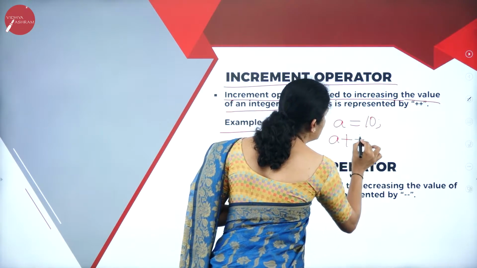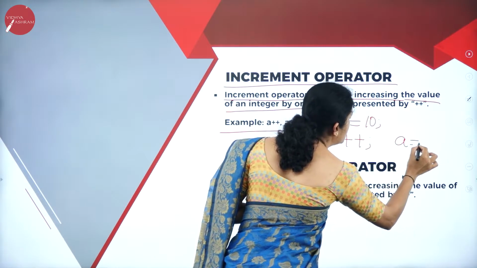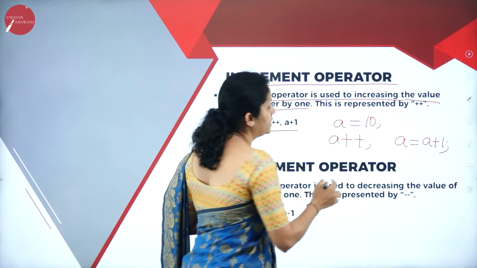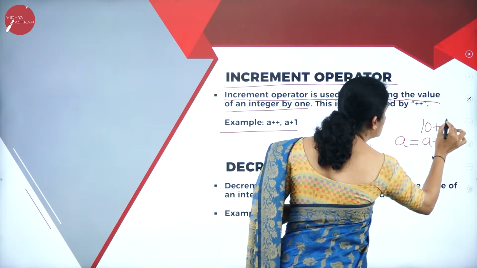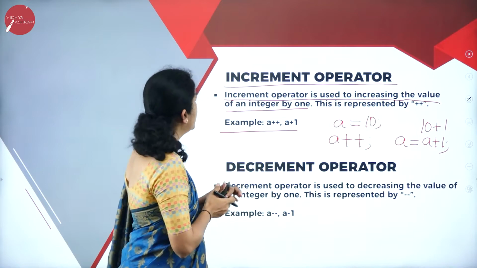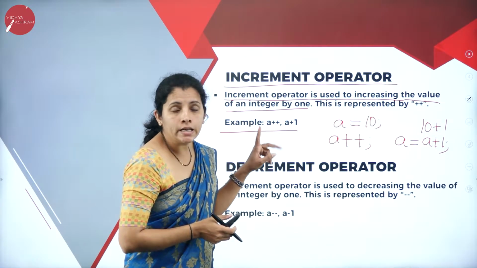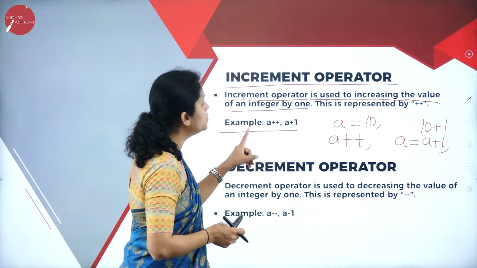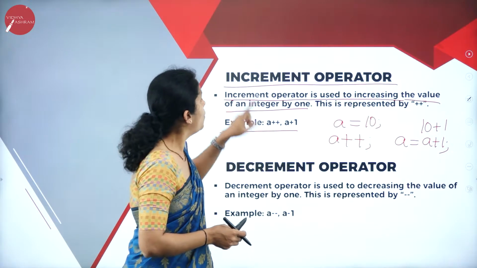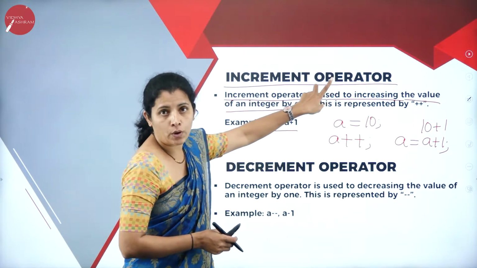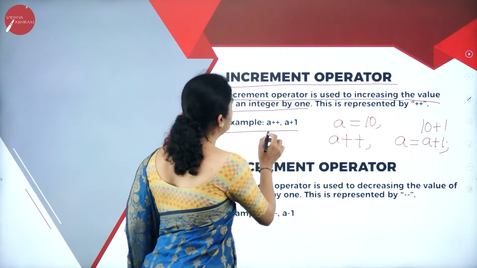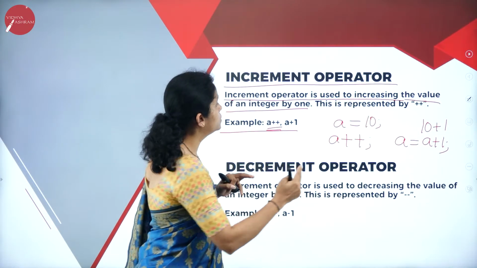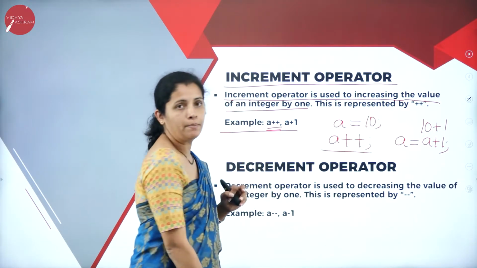A plus plus, which is equal to A equals A plus 1. So what's the value of A? 10 plus 1, it is 11. Whenever I want to increase the value by 1, I can use plus plus. The increment operator is plus plus, which indicates incrementing the value by 1. This is the example.